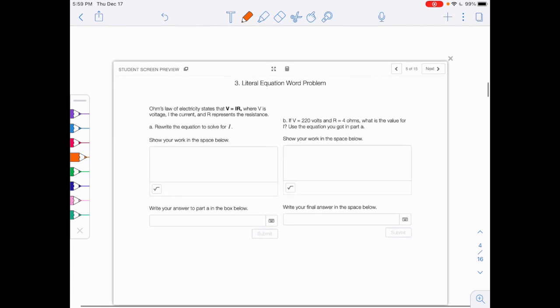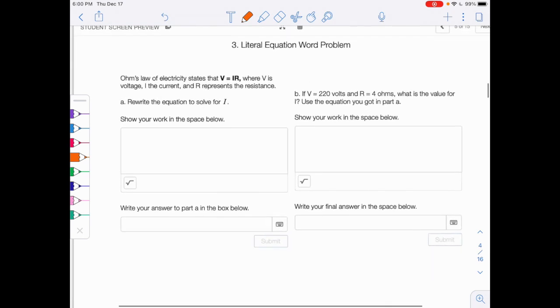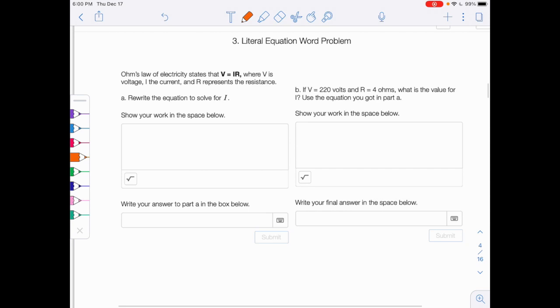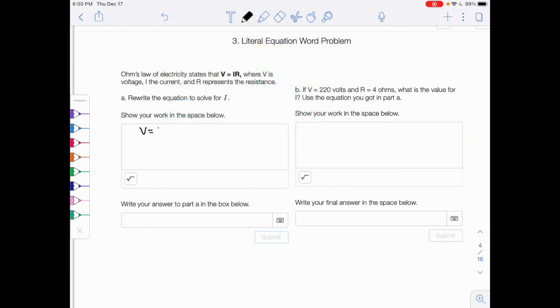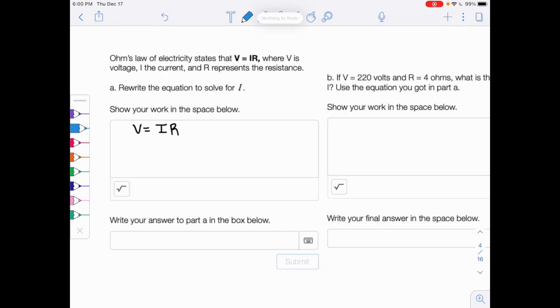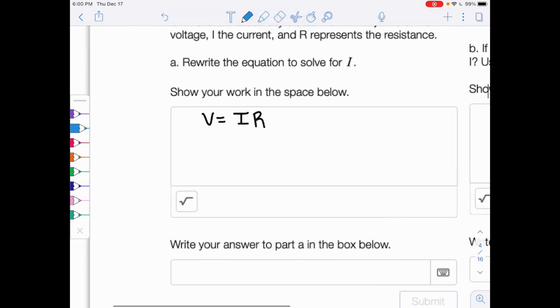One more literal equation. It says Ohm's law of electricity states that V equals IR, where V is the voltage, I is the current, and R represents the resistance. And then it says rewrite the equation to solve for I. So I'm starting with V equals IR. In this problem, I and R are being multiplied.